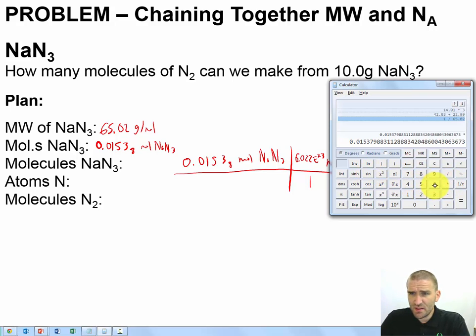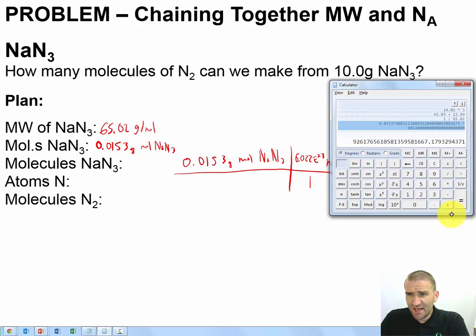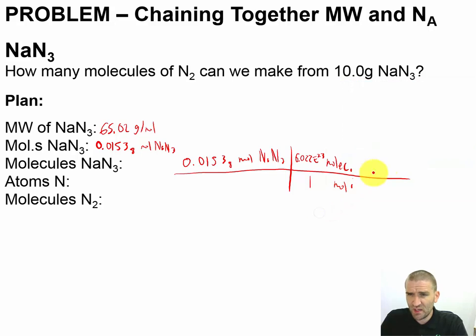It'll just be times 6.022 times 10 to the 23rd. And it's going to be an ugly looking number. It's going to be 3, 6, 9, 12, 15, 18, 21. So 9.262 times 10 to the 21 I just described. Okay, so that's going to be the number of molecules of NaN3.